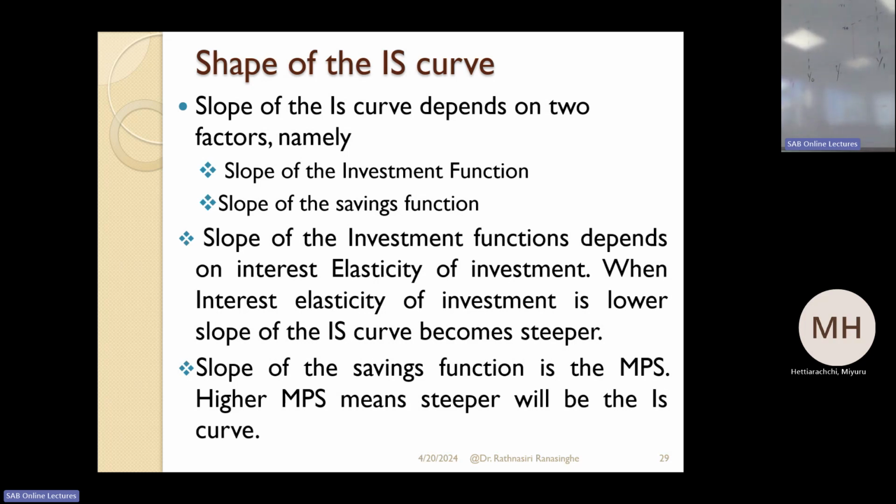Now, if you look at the slope of the investment function, that is the interest elasticity of investment. What is the slope of the investment function? I1 can be high or low. High I1 means what?